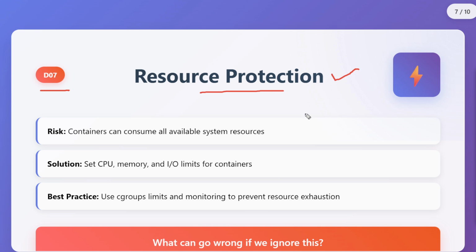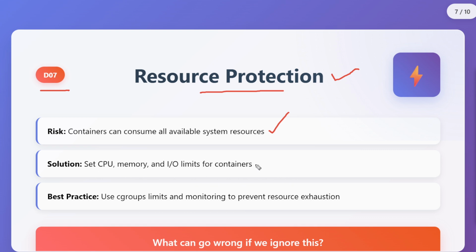The associated risk is that containers can consume all available system resources. By default, containers can use as much CPU, memory, or disk input output as they want. So if one container misbehaves or gets exploited, it can affect the others also. That is the main associated risk here.